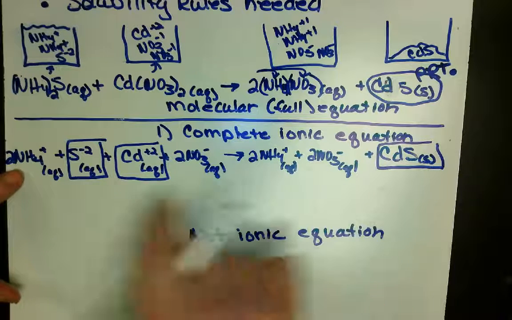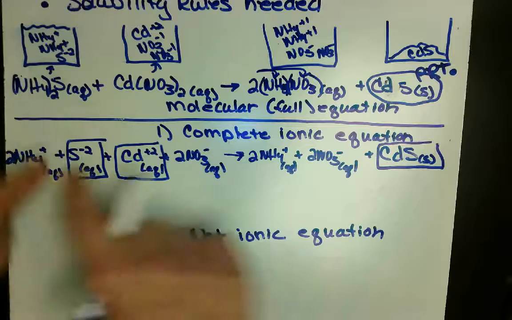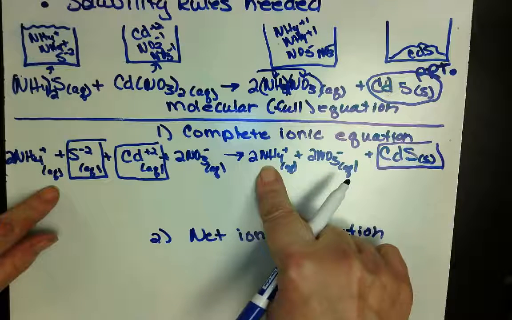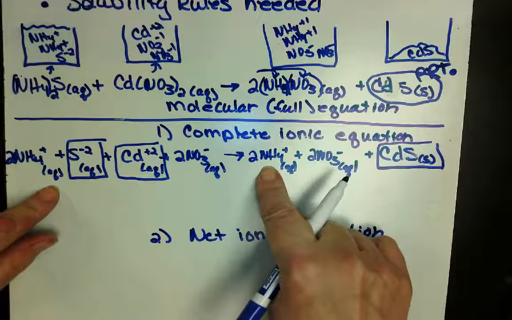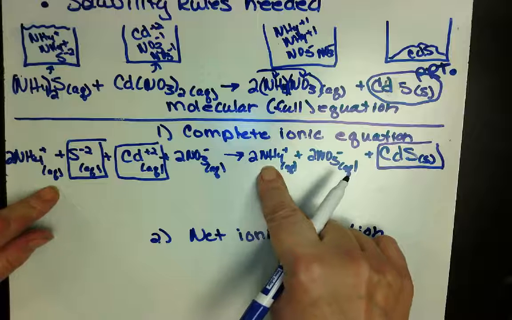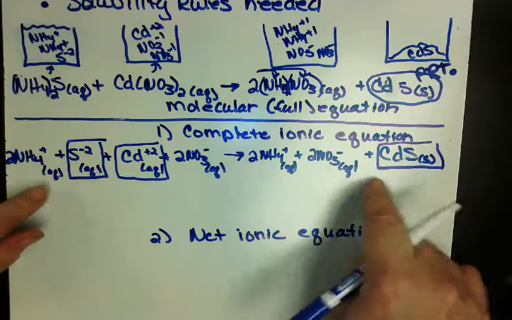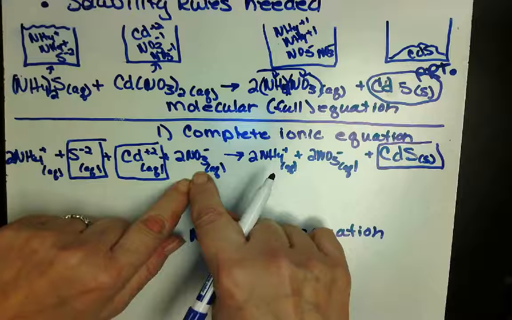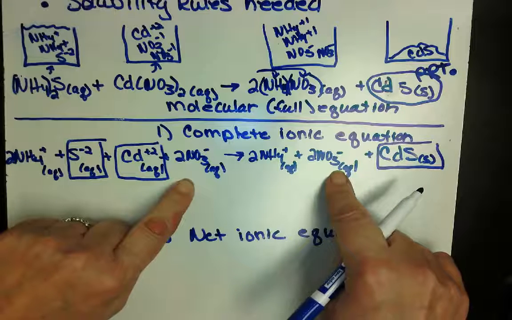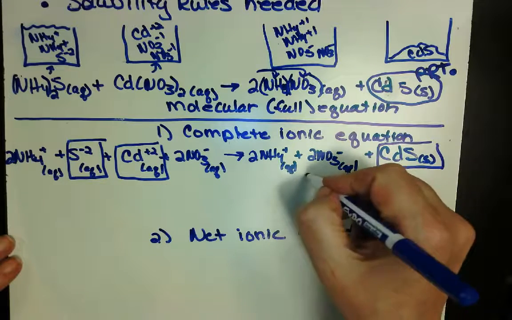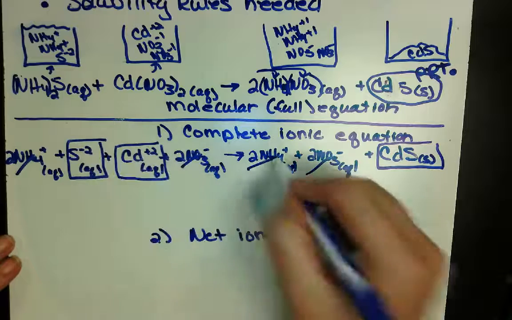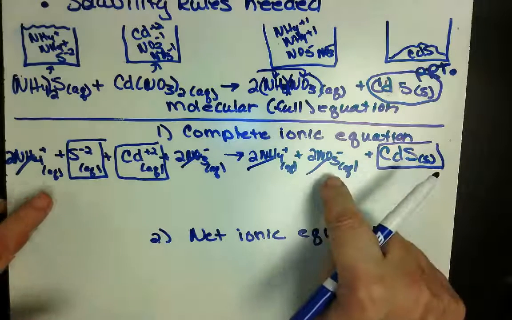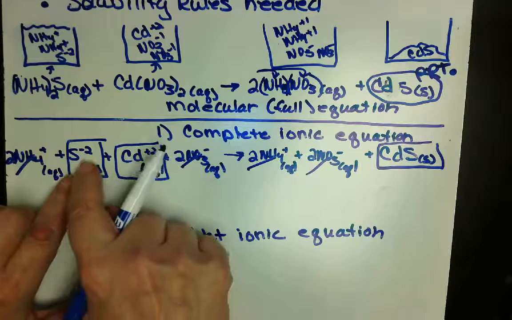Notice ammonium, we have 2 ammonium ions in solution and they're still floating in solution. They did nothing. They did not participate. So we call these guys spectator ions. If you're watching a football game and you don't play on the field, you don't participate in the game, you're a spectator. These guys are not participating in this game. I still have 2 nitrate ions before and 2 nitrate ions after. They're identical, and you can see that on either side they're the same, but here this guy participated.